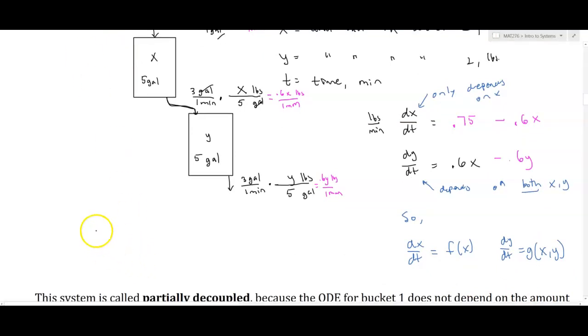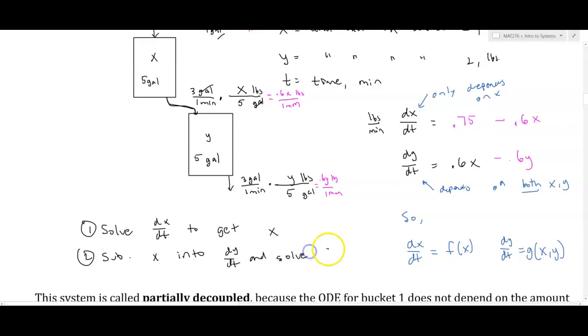We're going to say, first, step 1 will be solve dx dt to get x, substitute x into dy dt, and solve for y. So that's pretty much all we need to do in order for this to take place.